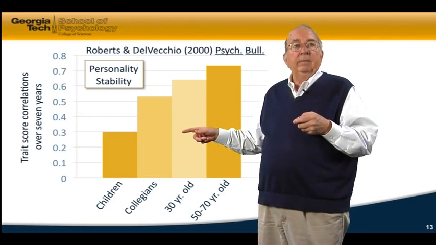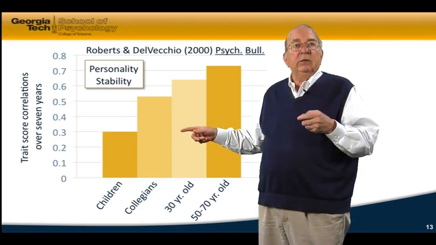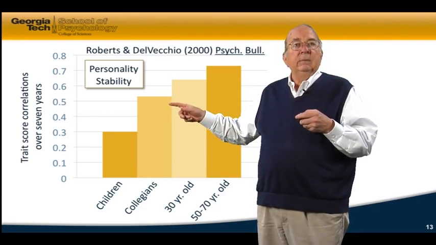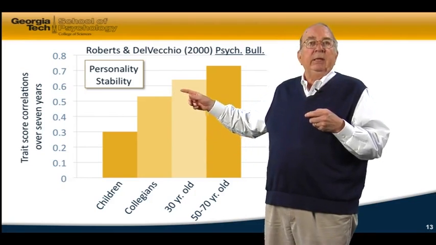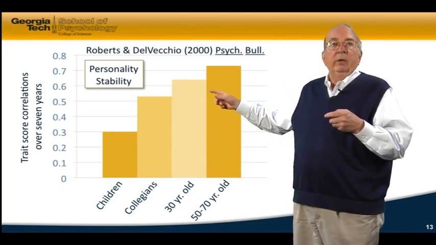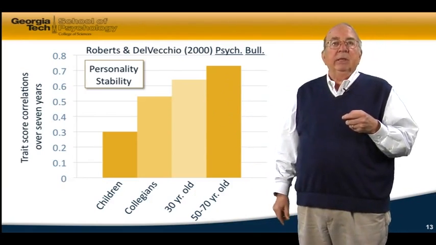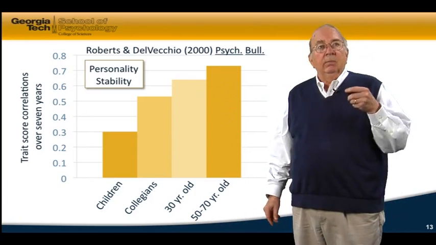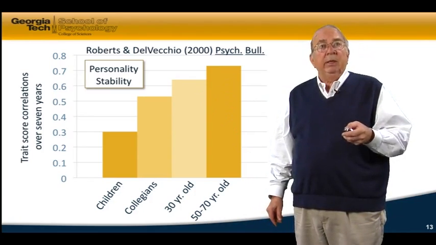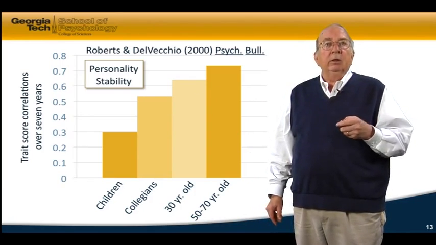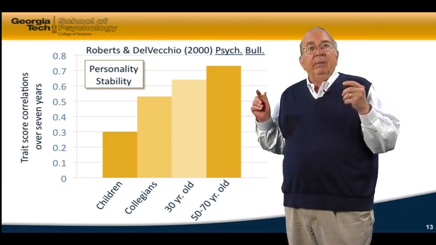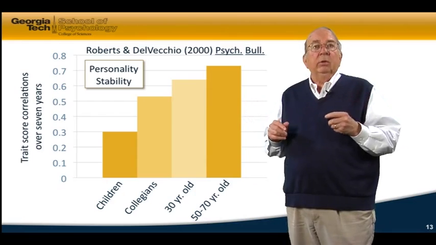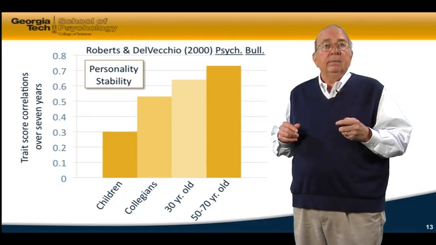Children, about 0.30, 30% stability. With college students, it goes up above 50%, above 60% in young adults, and in older adults, goes up to above 70%. So in adults, you see more stability than you see in children and young adults. And the best stability is actually when you're 50 or older.